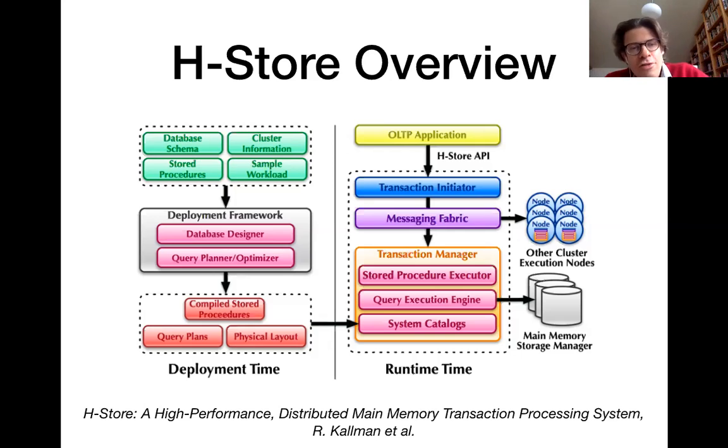And then using this deployment framework, we try to optimize the whole setup. We try to decide the physical data layout, which means essentially deciding where to store which data on our cluster. We already compile the stored procedures, which also saves runtime overheads, and we can already make certain optimization decisions in query planning.